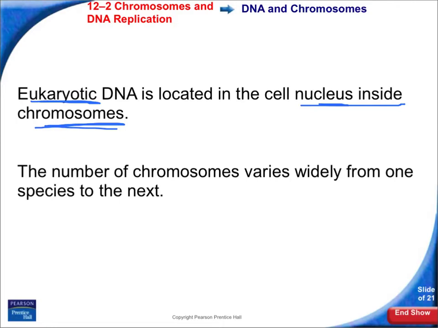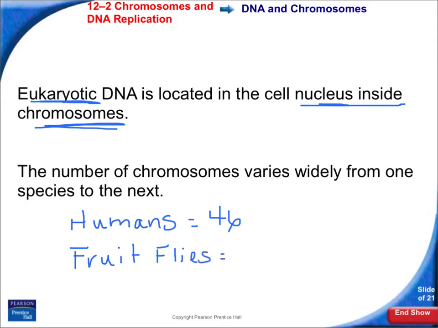So for example, humans have 46 total chromosomes, 23 pairs. We talked about fruit flies. Scientists like to work with fruit flies. They have 8 chromosomes.